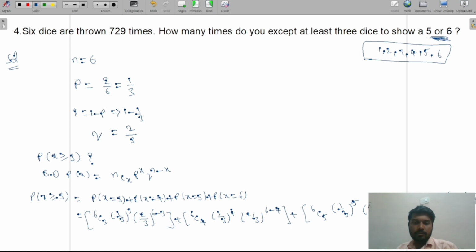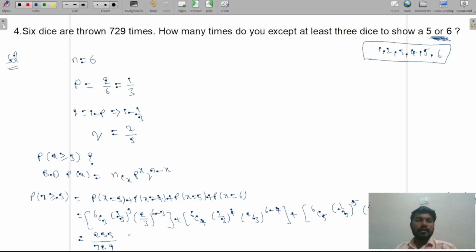Okay, this is the probability. Now 233 by 729. This is the probability of getting at least 3 dice to show 5 or 6.